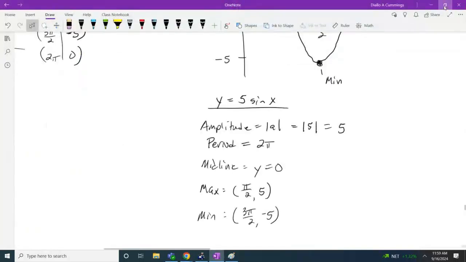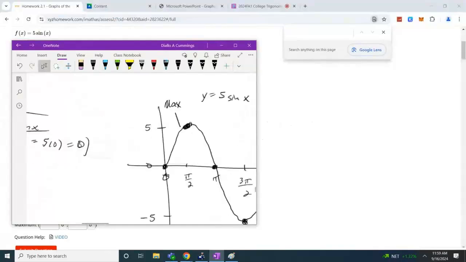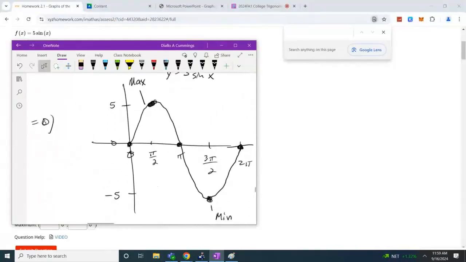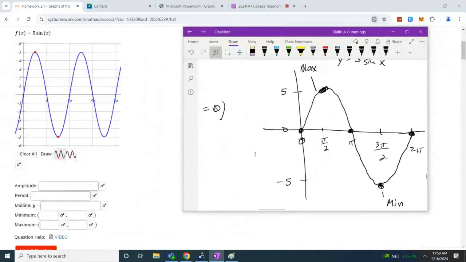So if I line that up with my hand sketch, it looks like those are about the same. So what I did was I plotted my minimum point first, then I plotted the positive point.